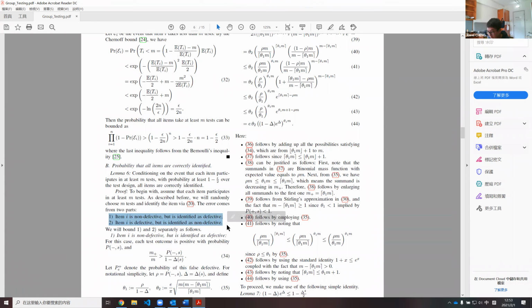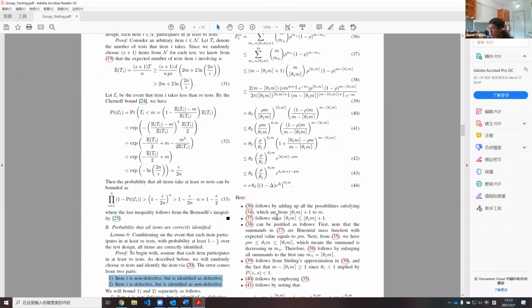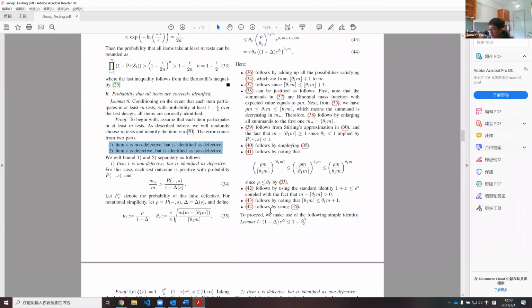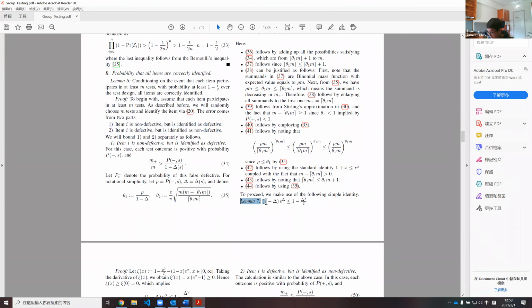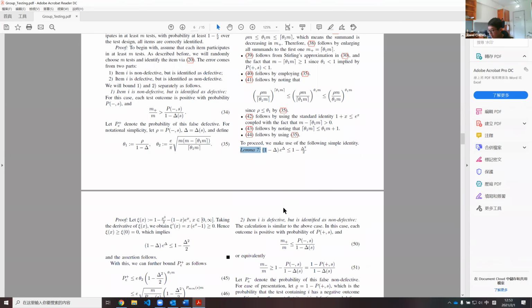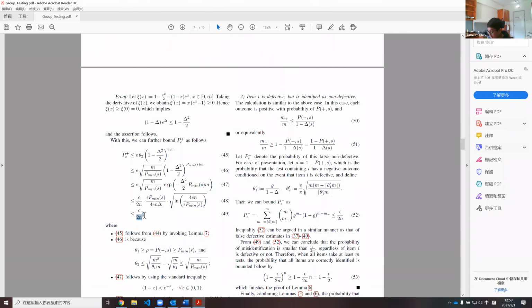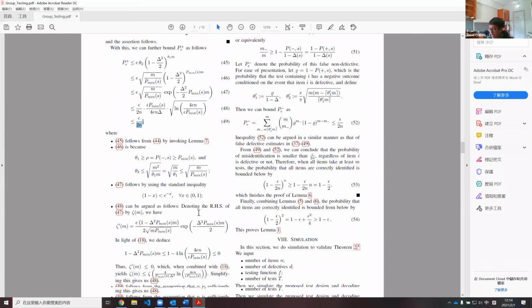One is false defective and the other one is false non-defective. Then lemma 7 here is a lemma used in the process, and it can be easily proved. And we can bound the probabilities of both false defective and false non-defective to be smaller than epsilon over 2n.